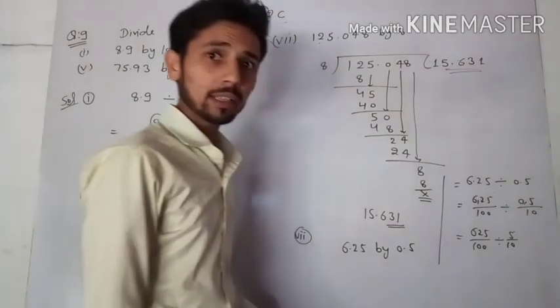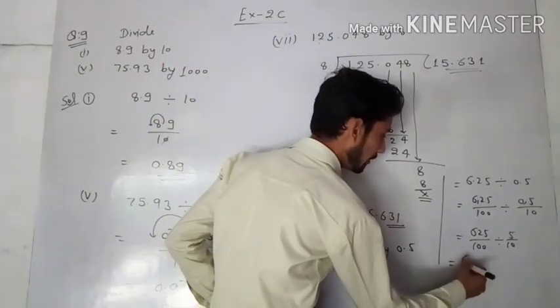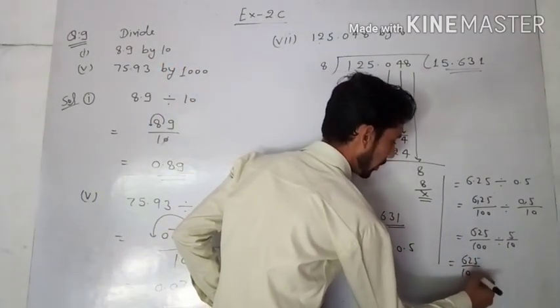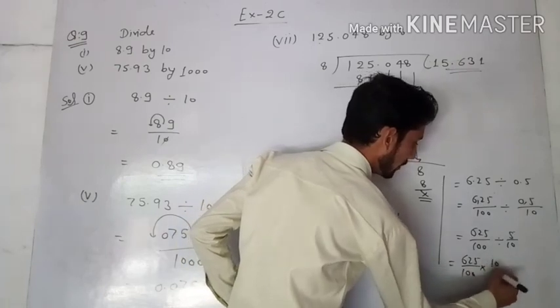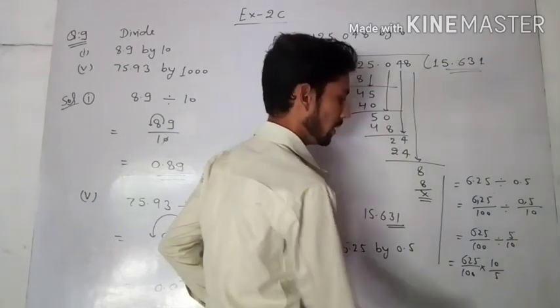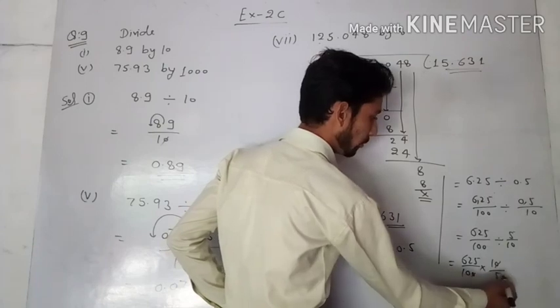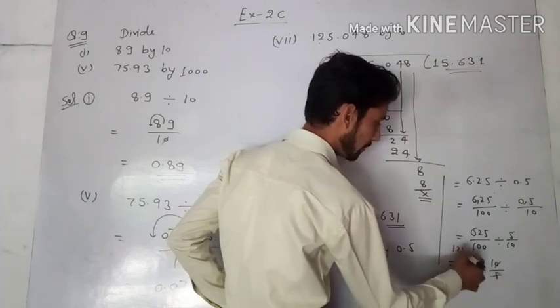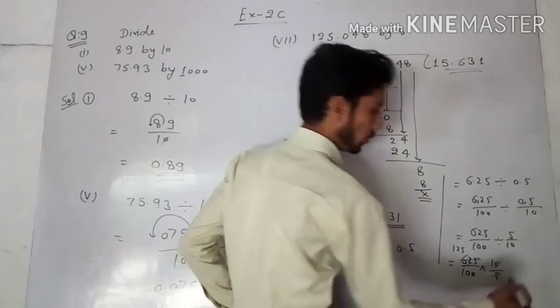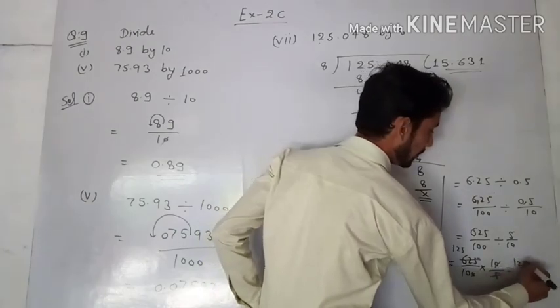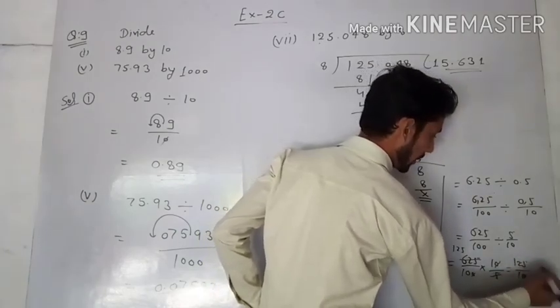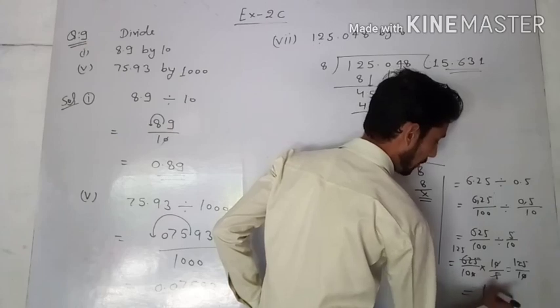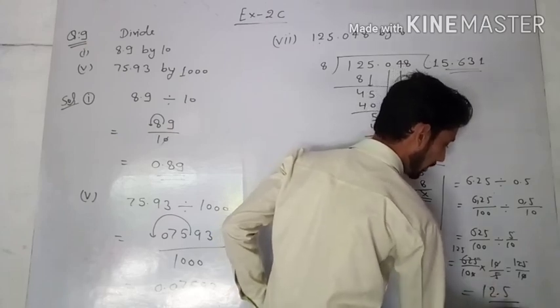Now it is division. We can convert it by its reciprocal and multiply. 0 cancels with 0, 5 cancels with 125. So 125 upon 10. So write the decimal here. So 12.5 is your answer.